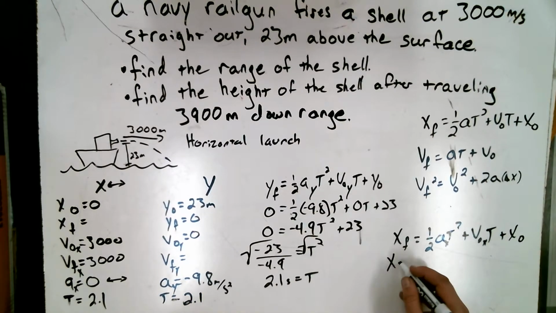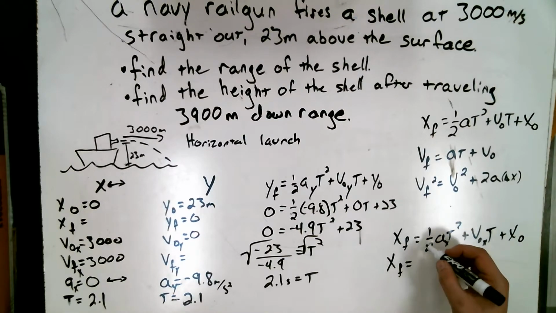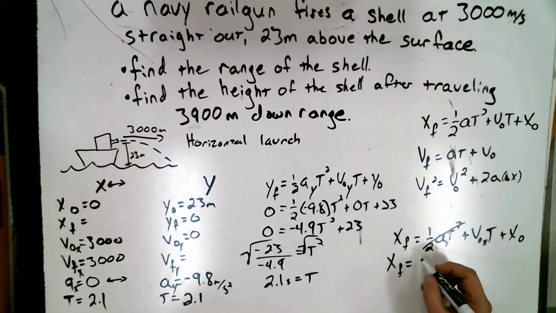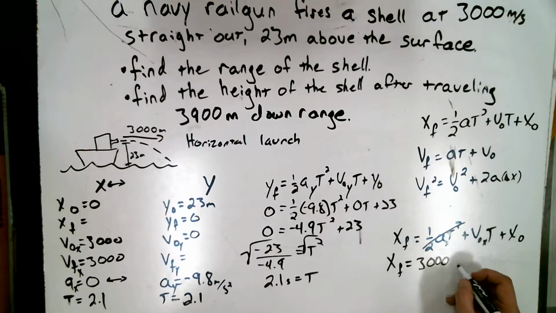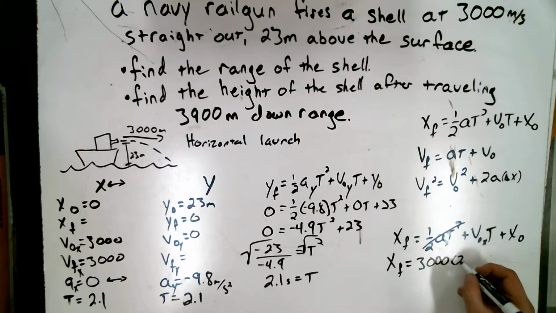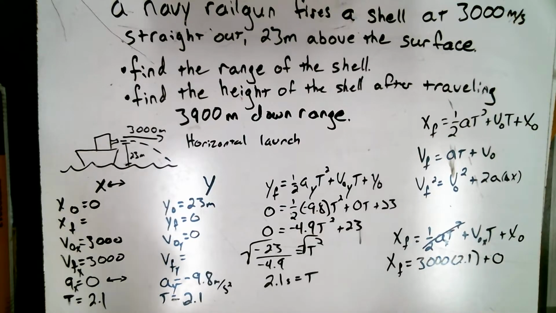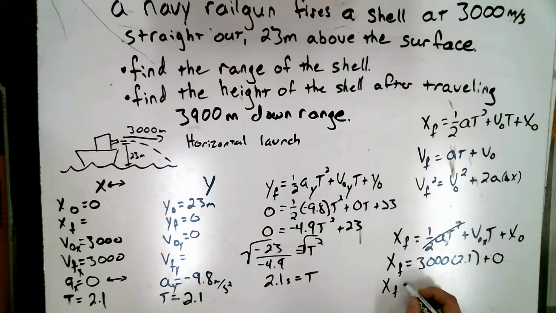This is going to be x f equals, this whole thing goes away because I have no acceleration, 3,000 times my time of 2.1 plus my original position of 0. And I get a final position of 6,300 meters.